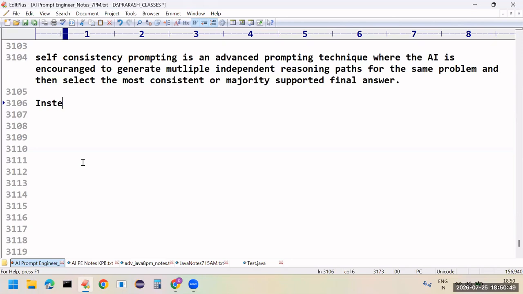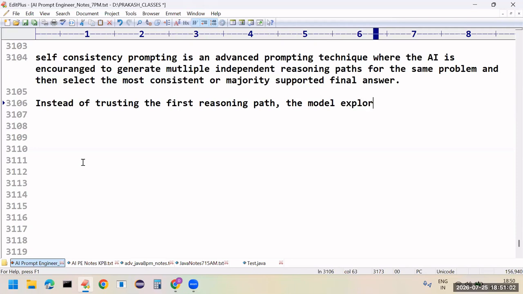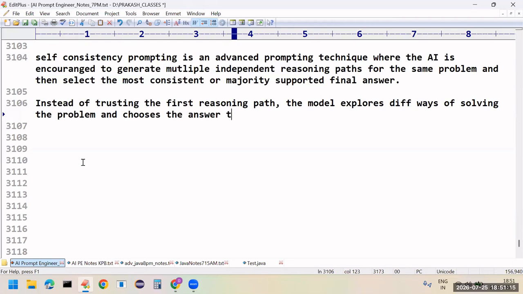Instead of trusting the first reasoning path, the model explores different ways of solving the problem, and we choose the answer that appears most frequently or is the best supported.